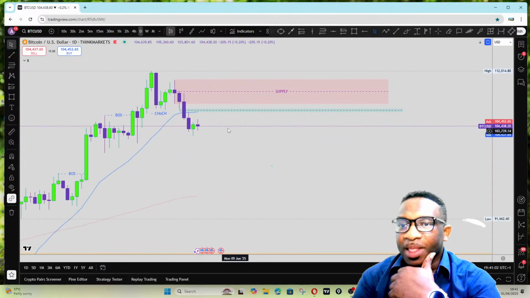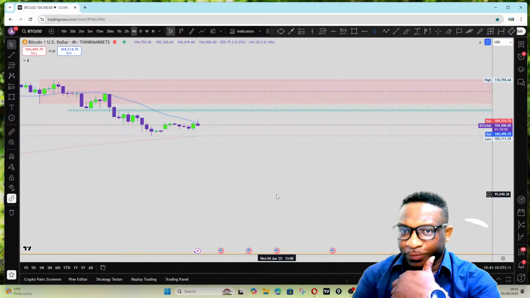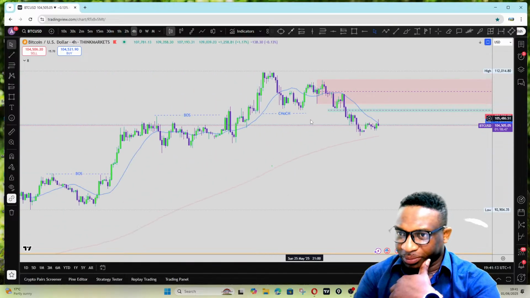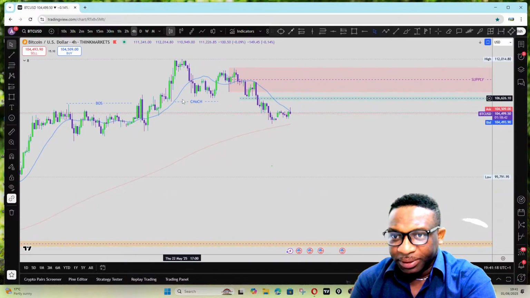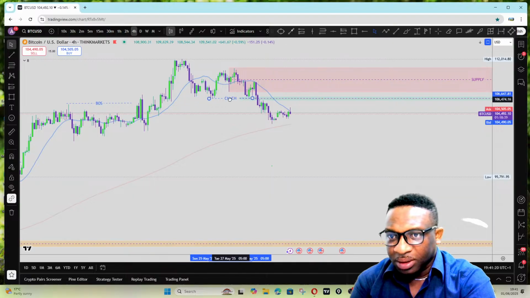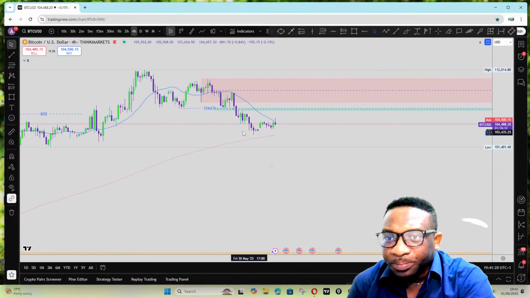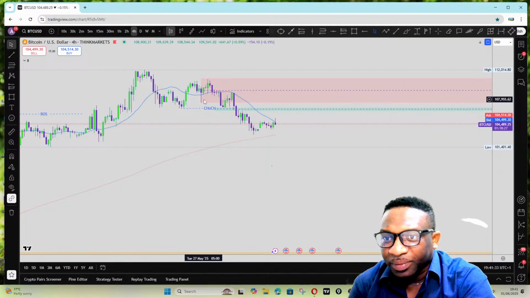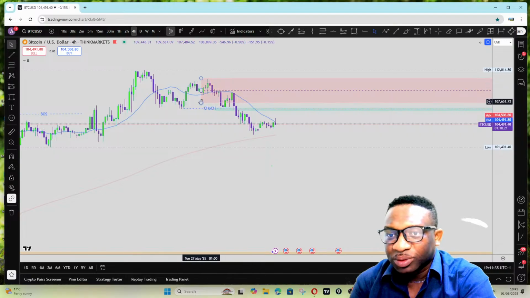Okay, so this is on the daily time frame. We go down to the 4-hour time frame to further refine the area we identified. So this is the daily change of character area we identified. Now on the daily we identify the origin of this move to be from here.